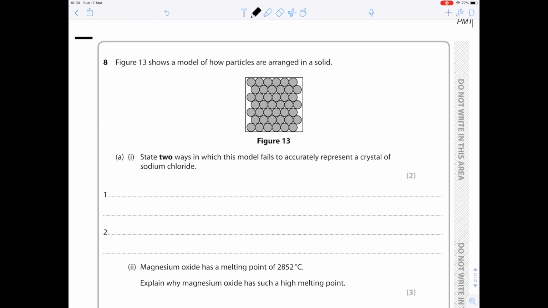Question 8, figure 13 shows a model of how particles are arranged in a solid. State 2 ways in which this model fails to represent a crystal of sodium chloride. Well, notice we've got 2 elements here, so it's likely that they'd have different sized atoms.